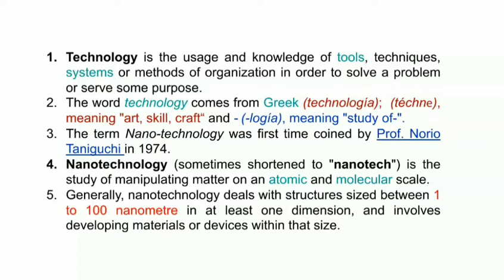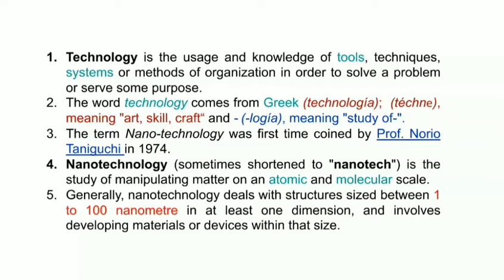The term nanotechnology was first introduced by Professor Norio Taniguchi in 1974. Technology was a known word to the audience, but nanotechnology was first coined by Professor Norio Taniguchi in 1974.